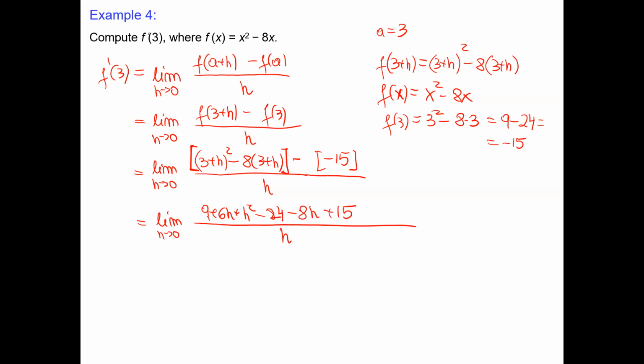9 and negative 24 is negative 15, plus 15, gone. And then let's add the like terms: 6h minus 8h is negative 2h, plus h squared.